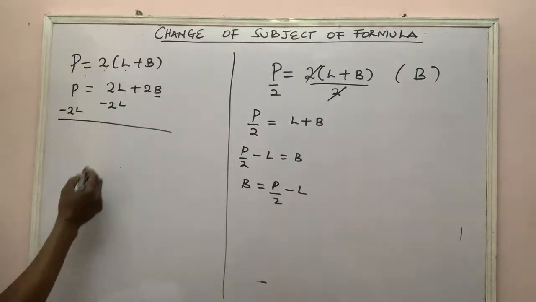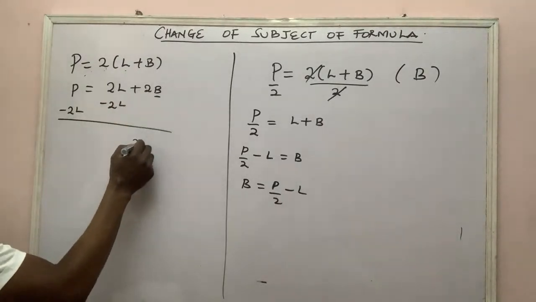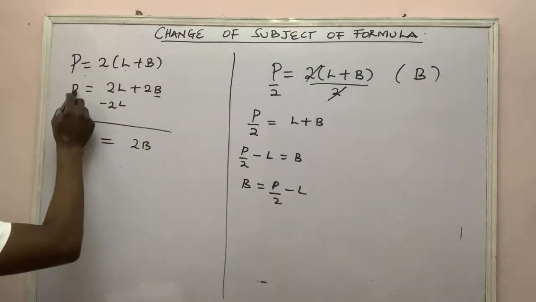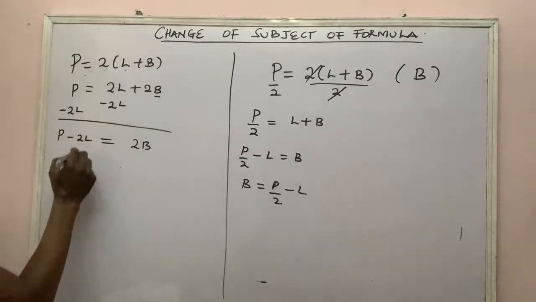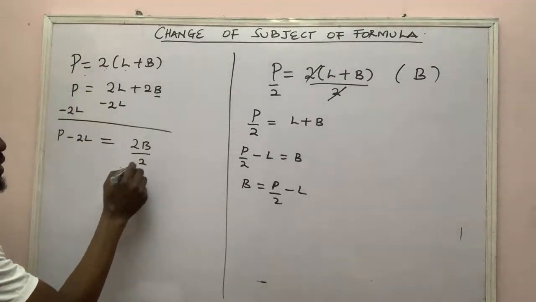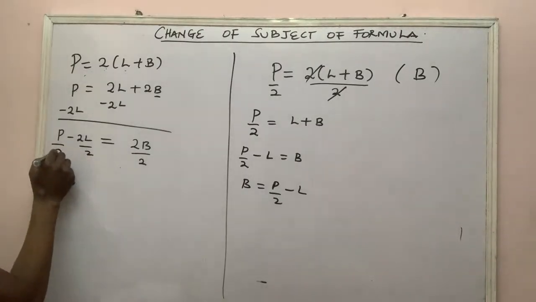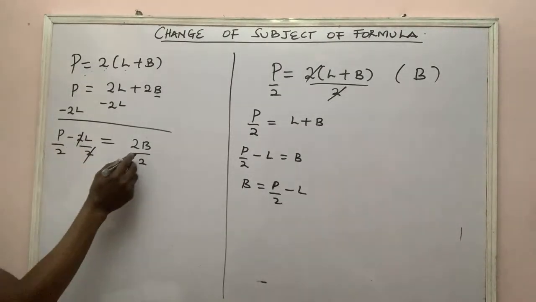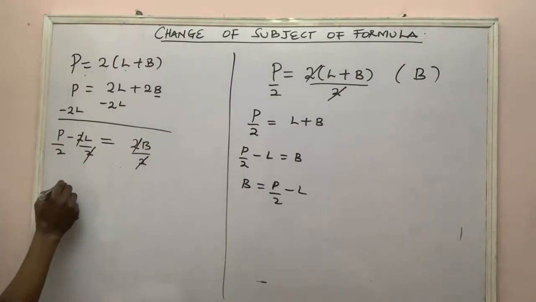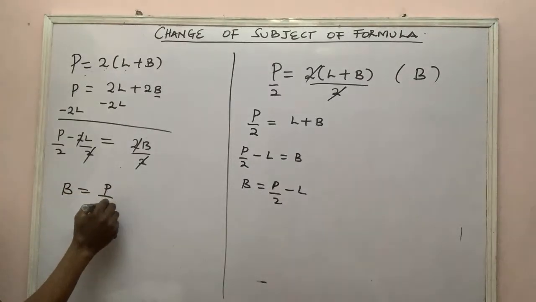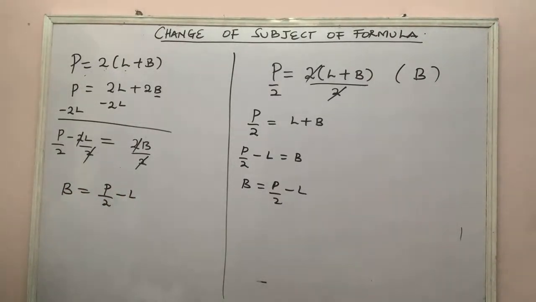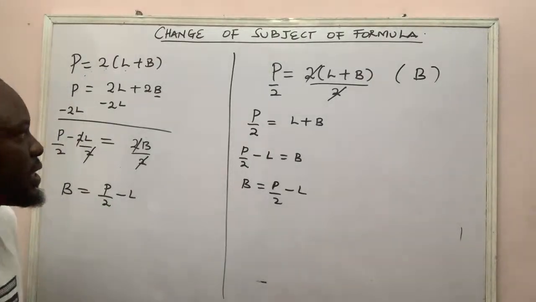If we do that, this is 0, so I'll bring down 2B. So this is P minus 2L equals 2B. So I'll divide through by 2, this will cancel this, and my B will be P over 2 minus L. Pretty simple, all right?